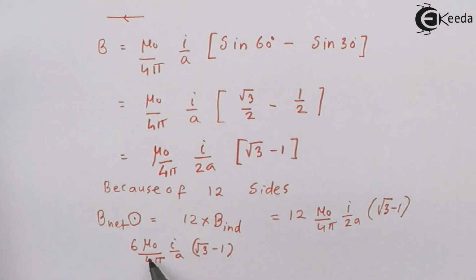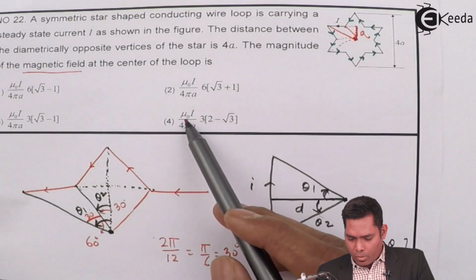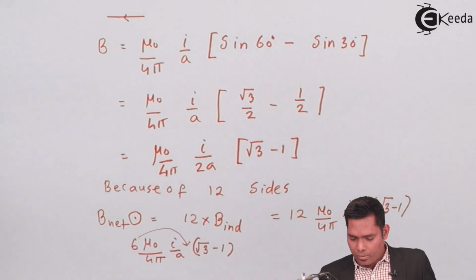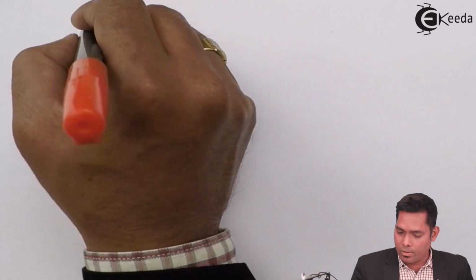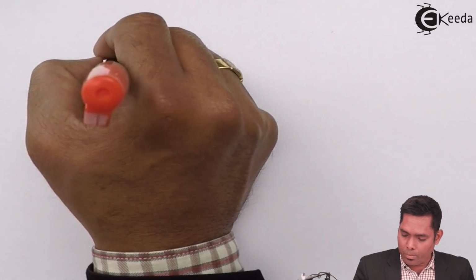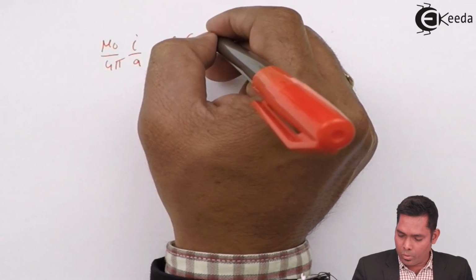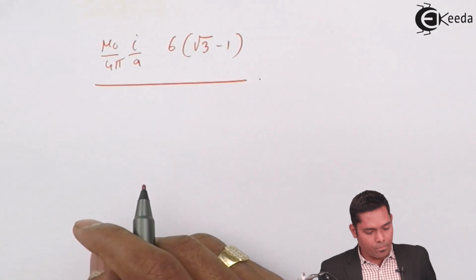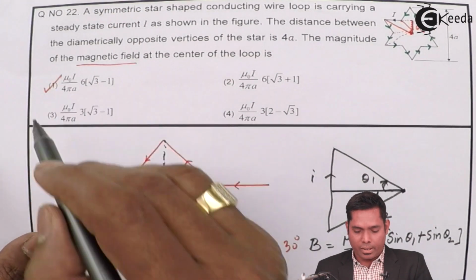If I see the options, mu naught I upon 4 pi A is there, only 6 is taken inside, so this can be written as mu naught upon 4 pi, I over A, 6 of root 3 minus 1. This comes out like that, and option number 1 is correct.